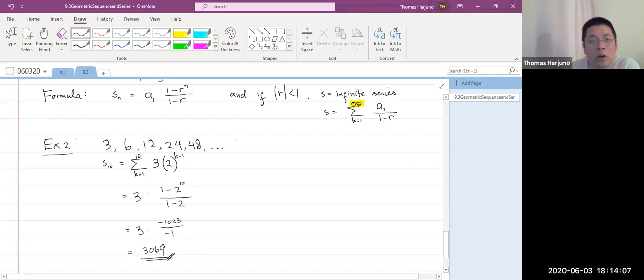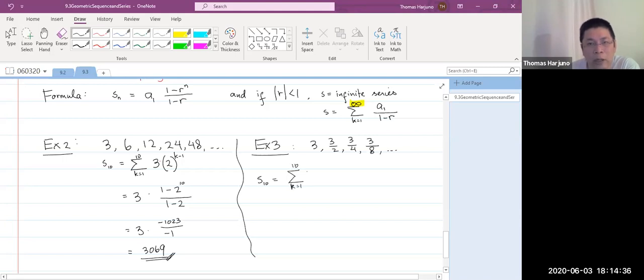Okay, or another example, let's say I have 3, and instead I will divide by 2. And I want to find out what is the sum of the first 10 terms. You see, I start from 3, that's the first term. The common ratio is 1/2.